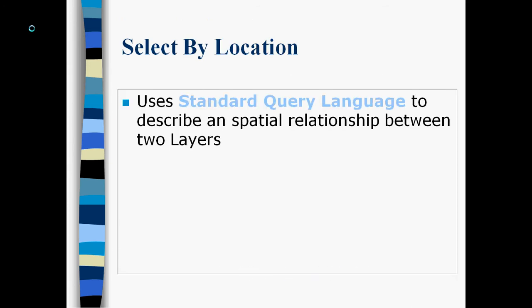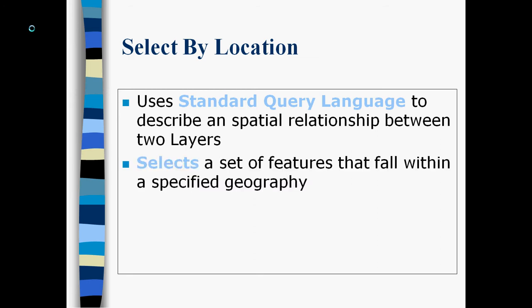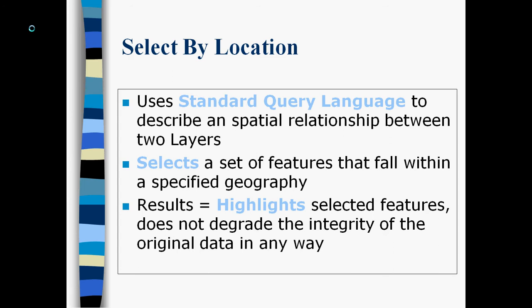Once again, select by location uses a form of what's called SQL, or structured query language, to create a query or question based upon the relationship between two layers. When it's completed, it will highlight the selected features so that they're visible and identified as meeting that specific criterion.